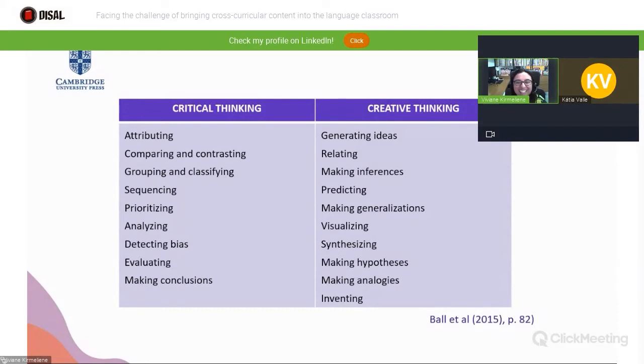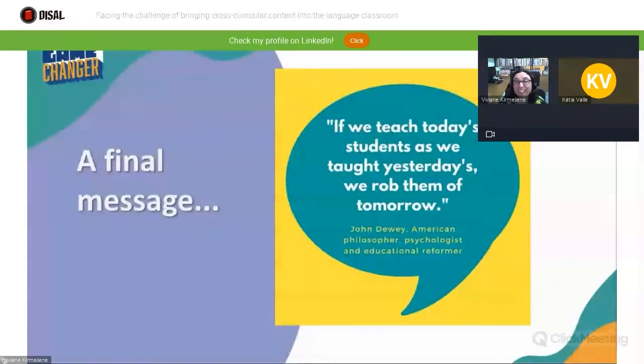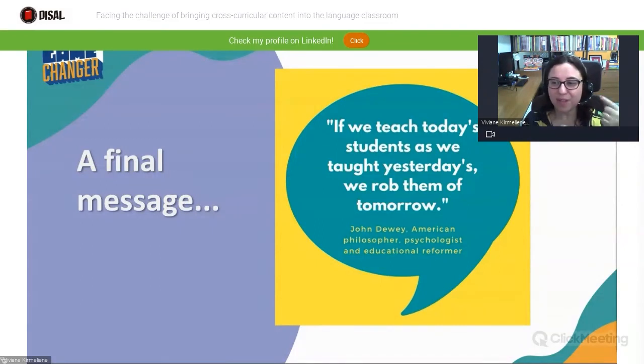So it is fascinating. It is challenging, but seeing the level of motivation in our students is so gratifying. So I'd like to leave a final message for you. I love this quote because we as teachers have to keep reinventing ourselves and our practices all the time, because our students today will be different from our students next year, which will be different from the other students.